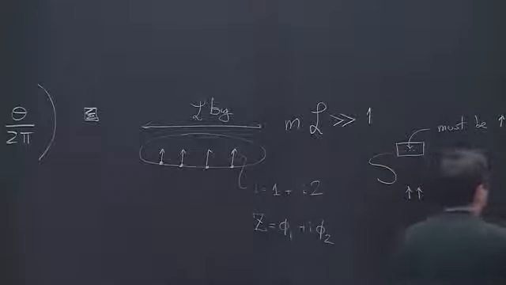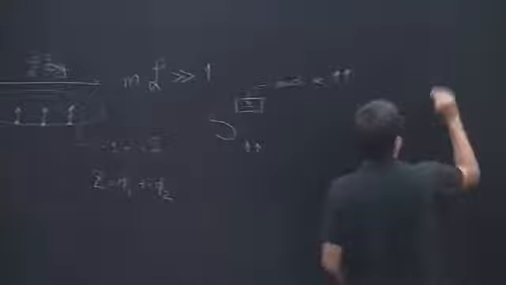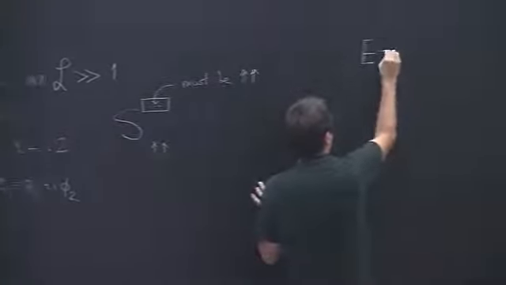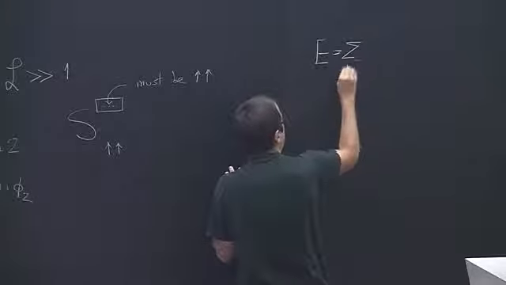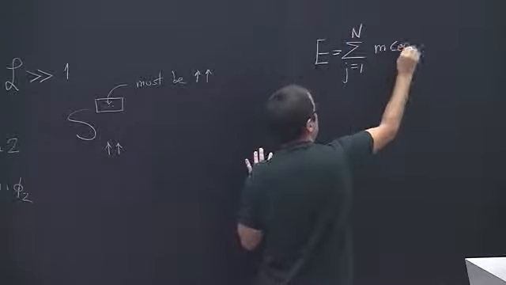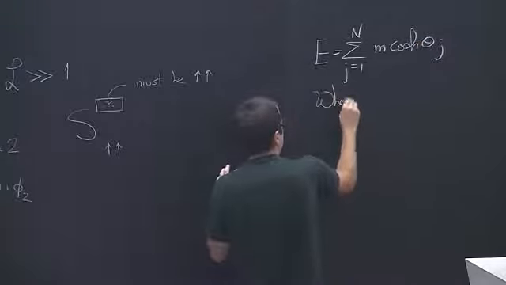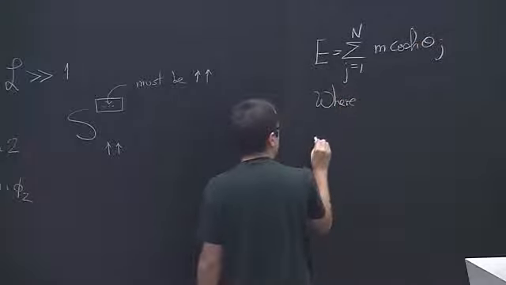And therefore, I conclude that if I do this experiment of putting particles in a big circle, here is what I get. The energy is given by the sum over the particles I put of the mass, which is dynamically generated, times cosh of theta j, where for this theta j, I can write the equations right away.